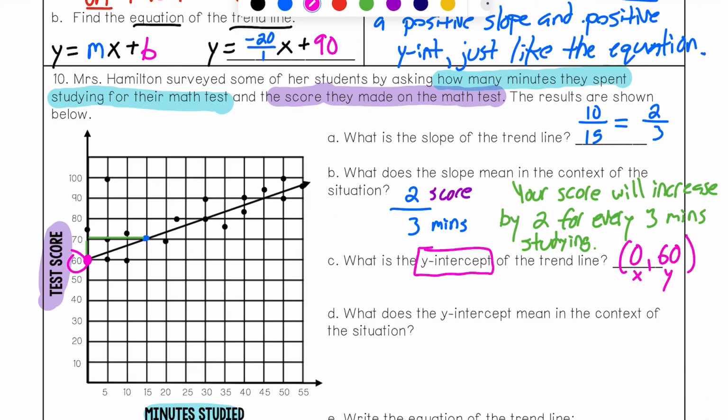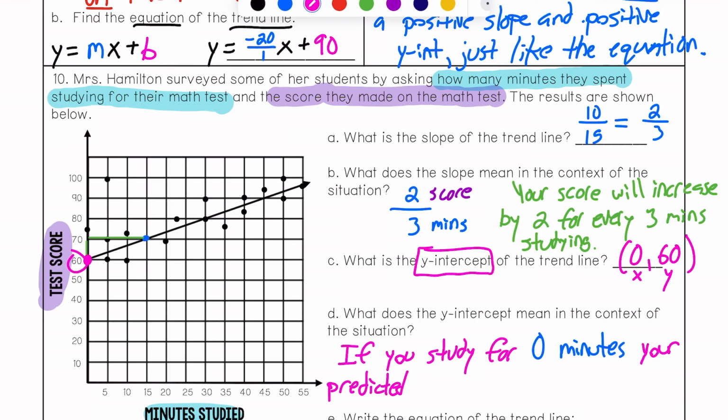Now again, just like the slope has some meaning to the situation, the y-intercept also has some meaning. 0, 60 is saying if you study for 0 minutes, right, that's where the 0 comes from on the x-axis, the predicted score based on the line is a 60. Now that doesn't mean if you don't study, you're always going to get a 60. It's just based on the data.